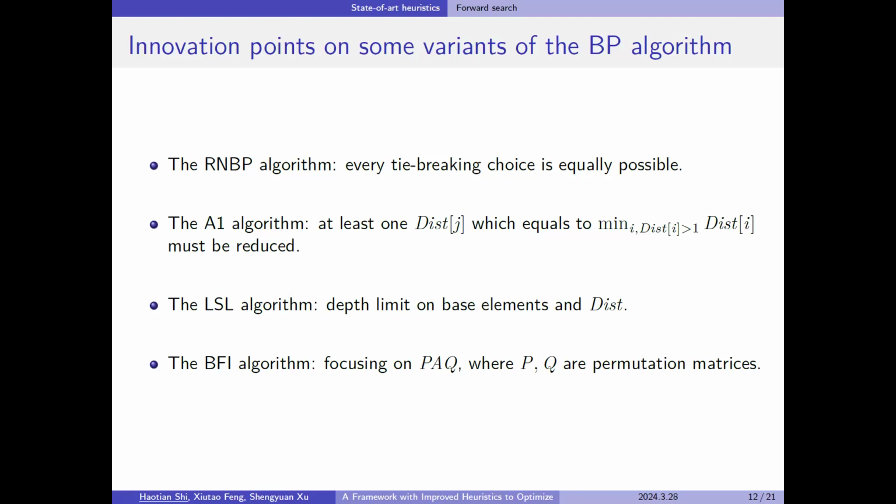The motivation is actually similar to the tie-breaking rule of the BP algorithm, that is, it prefers the unbalanced dist vector. The LSL algorithm then adds a depth limit on the base elements, and the dist vector is calculated under the depth limit. So it deals with the SLPD problem. The BFI algorithm focuses on the matrix PAQ, where P and Q are permutation matrices.